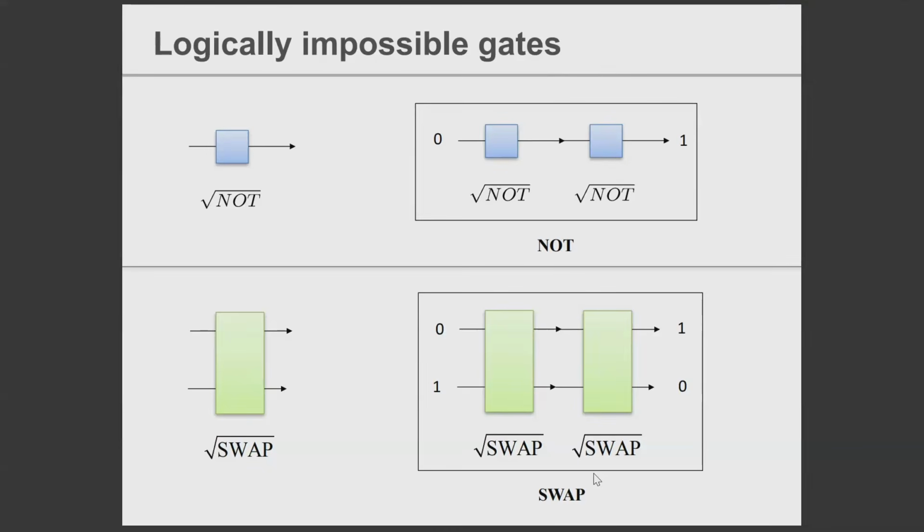If you talk to a logician or a mathematician, they say, of course not. How come? Square root of NOT, there's no operation that has this property, that when you apply it in sequence twice, as independent applications of the same operation, it will flip the bit value. You can prove it, right? There are only 4 Boolean functions operating on a single bit.